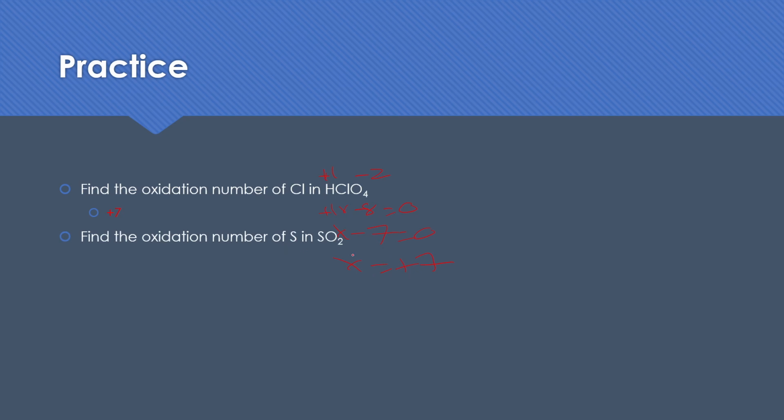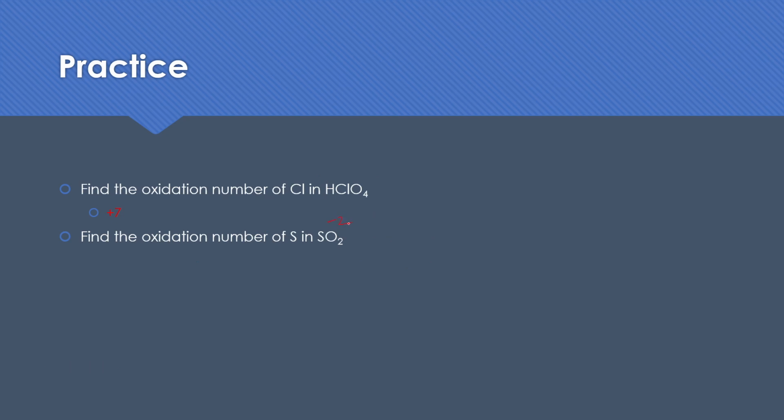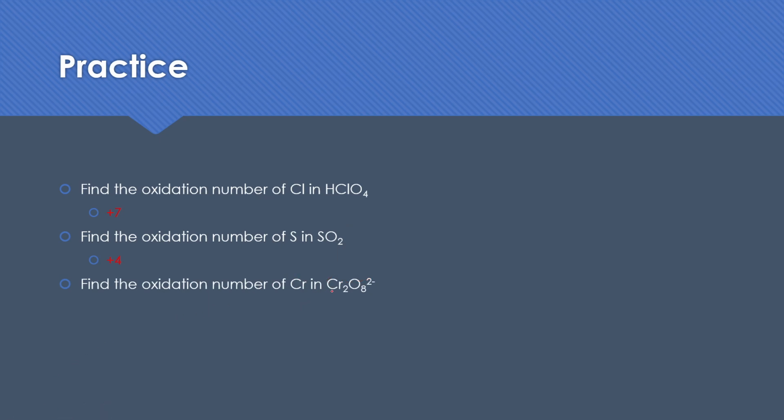Find the oxidation number of sulfur in SO2. Again, oxygen is -2, so a total of -4, and it equals 0, so x equals 4. Find the oxidation number of chromium in dichromate.